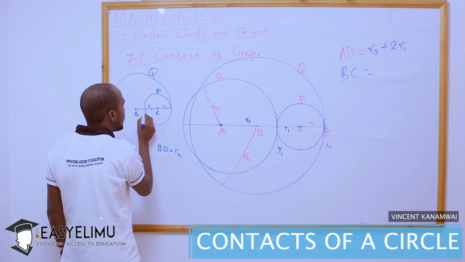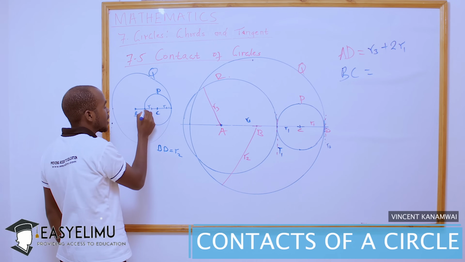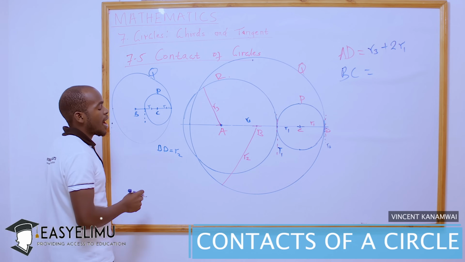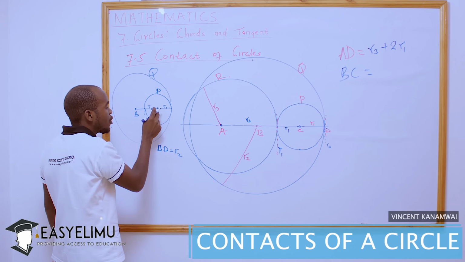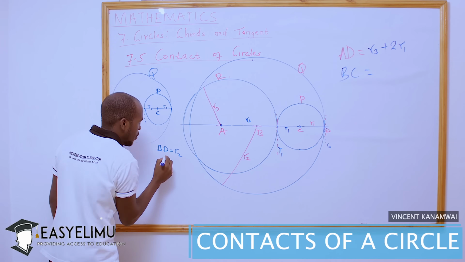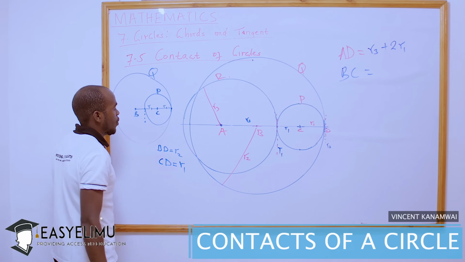But we need BC. From the point of contact to the end we have 2R1, but CD is equal to R1.